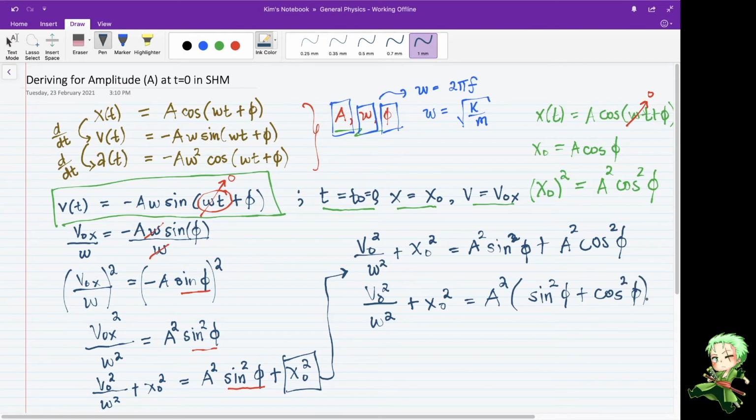If you remember in your trigonometry class, this is actually a trigonometric identity that equals 1. Sine squared phi plus cosine squared phi, that is just 1.